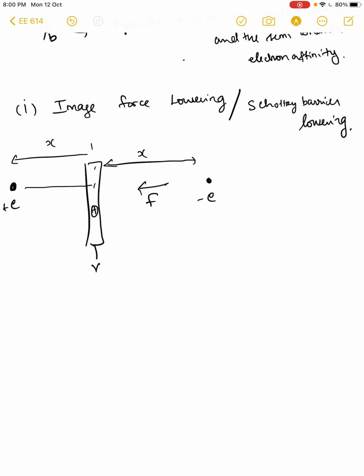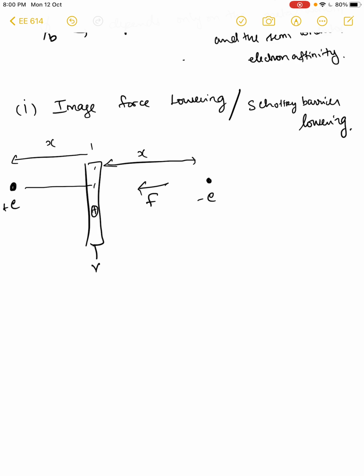So the force that this negative charge will experience because of the distributed positive charge can be represented by the Coulombic force between these two charges, now separated not by x but by 2x. This is some basic electrostatic field tricks. I think you must have seen this in your undergrad at some point, right?